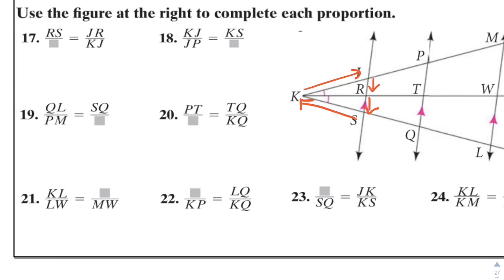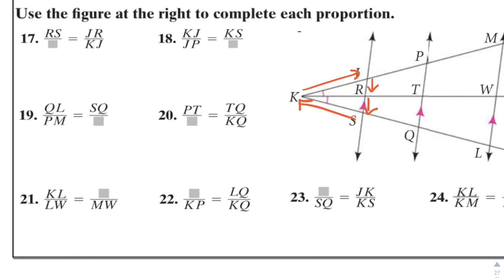Let's see, I don't really like the order of these. We have RS and JR is flipped. So we have KJ.